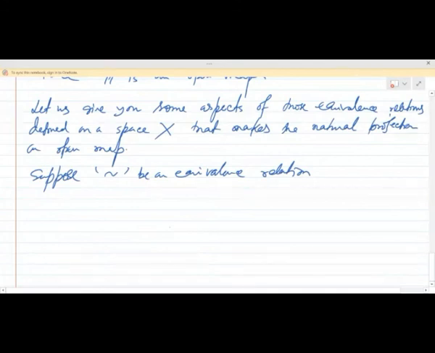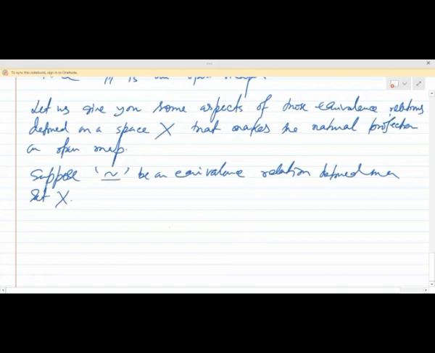Suppose you are considering an equivalence relation defined on any set X, not RPN.